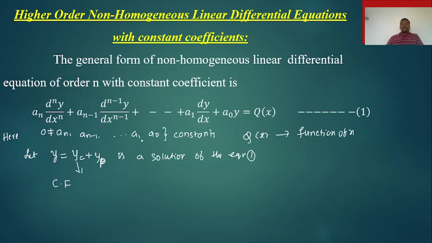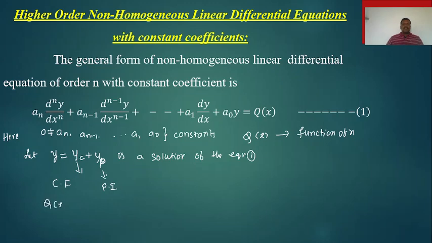It is also the solution of the homogeneous linear differential equation of order n with constant coefficients corresponding to equation 1. yp is called the particular integral or particular solution of equation 1.